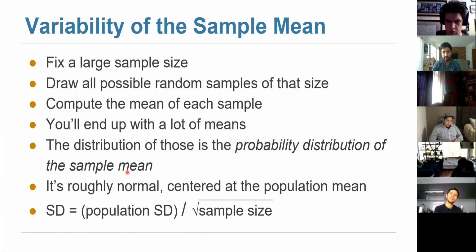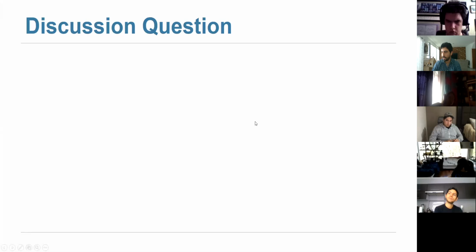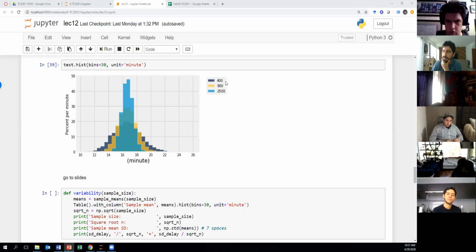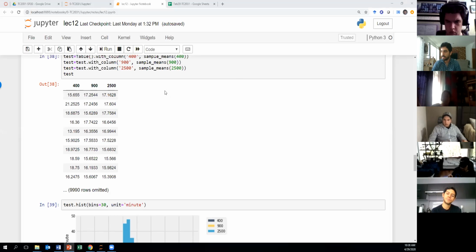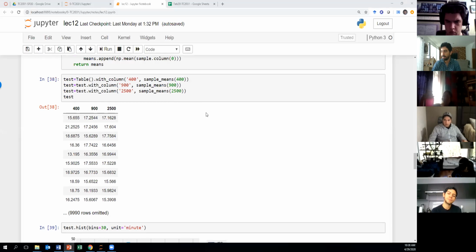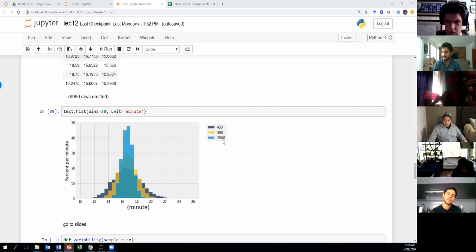We saw there is a relationship between the size of the sample that I'm taking and the standard deviation of my distribution, right? We didn't know exactly what the relationship was, but obviously the larger the sample I get, the lower the standard deviation or variance of my distribution would look like.